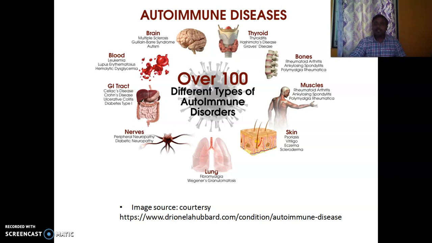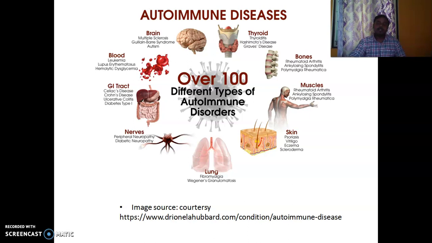In skin, we have eczema as well as scleroderma. Autoimmune disorders also occur in the lungs, nerves, gastrointestinal tract, and even in blood. Altogether, there are more than 100 different types of autoimmune disorders that can happen in human beings.